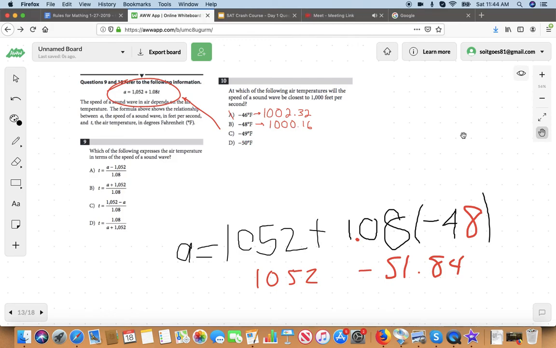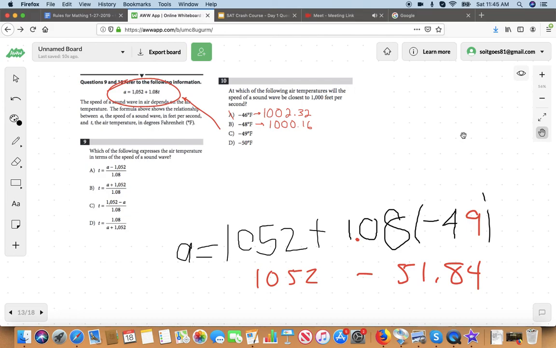Let's try C. Plug in negative 49. Okay, 0.08 times 48, negative 51.84. Wait, you got 51.84 again? I must have misclicked, because I got the same as B, and that shouldn't be right.